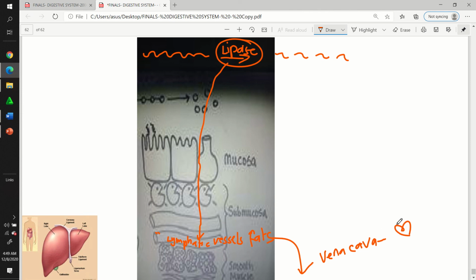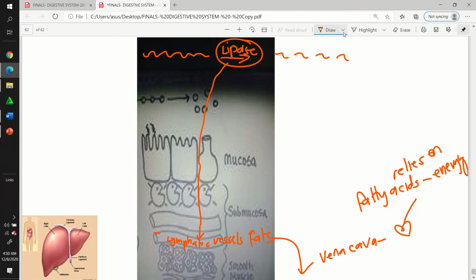Because, take note, the heart relies on fatty acids in order to make its energy.